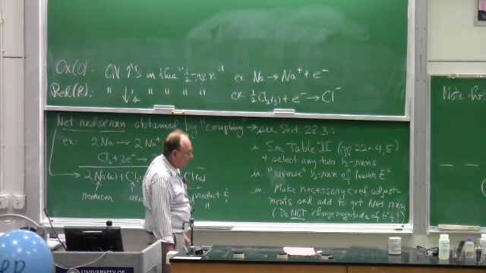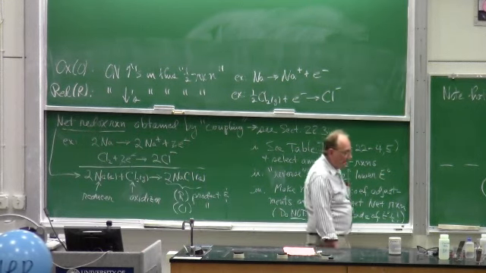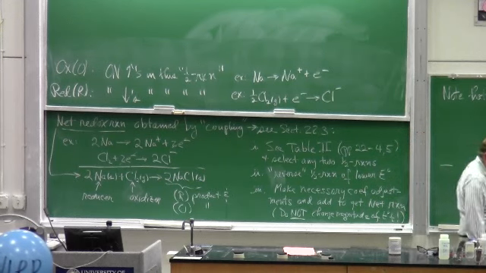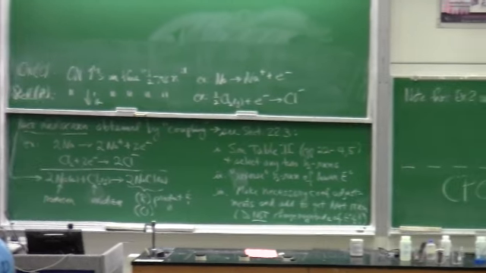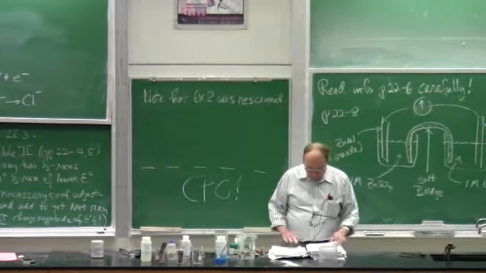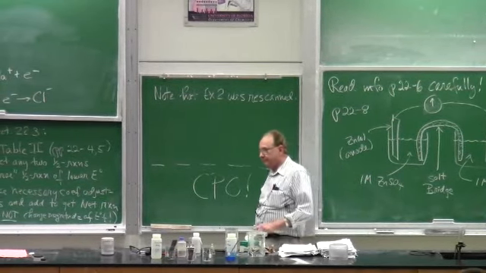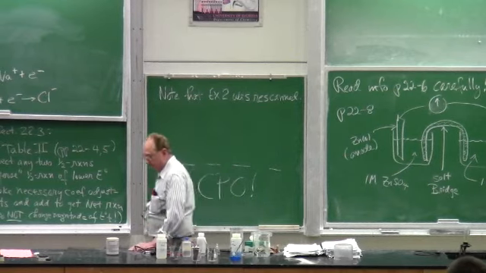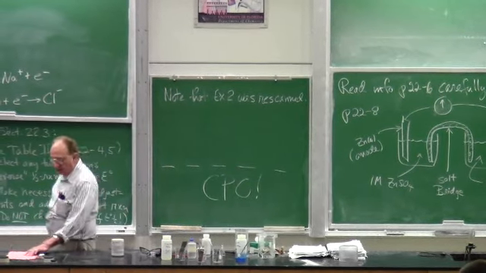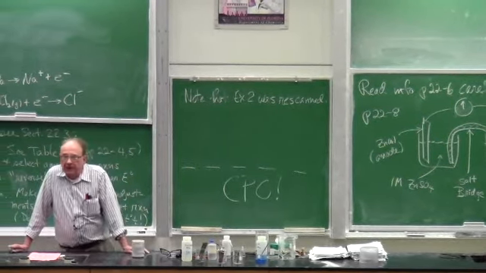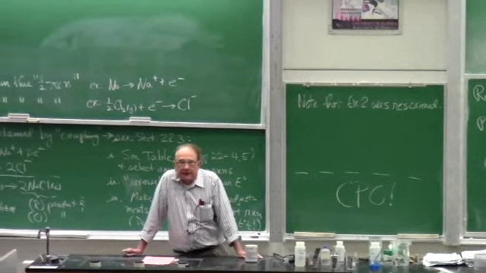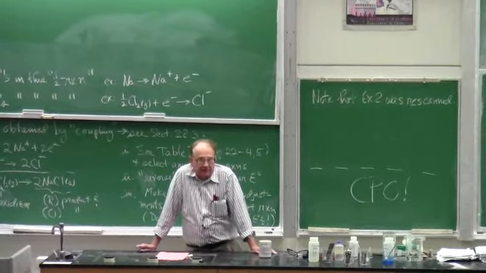Now, more on coupling. Look at the table in chapter 22, the table of half reactions. Number 1, realize that this table of information is read, practically speaking, just like you read the acid-base table.